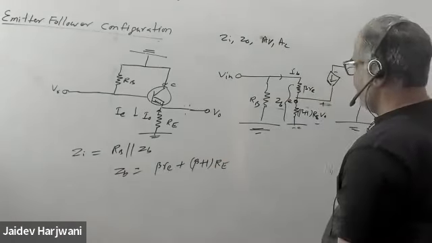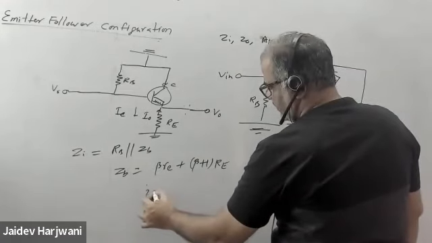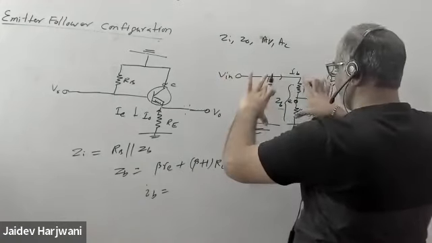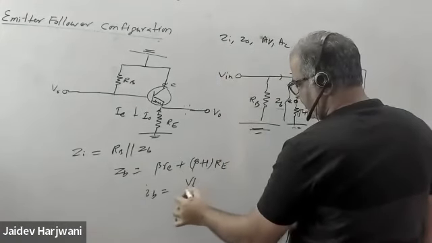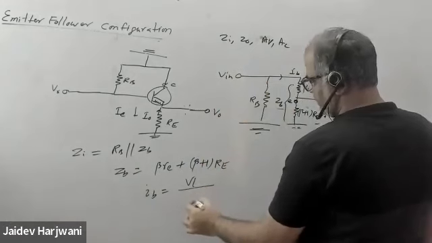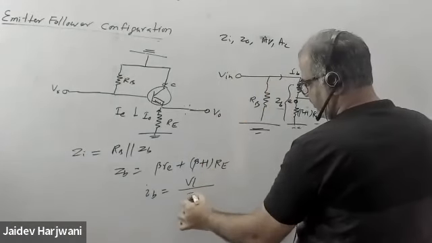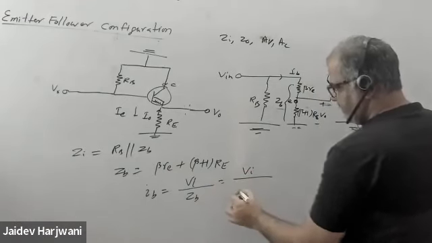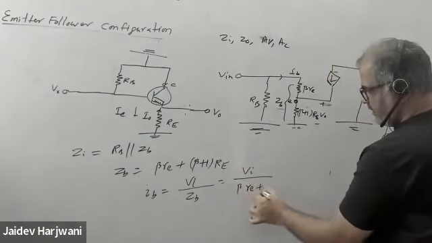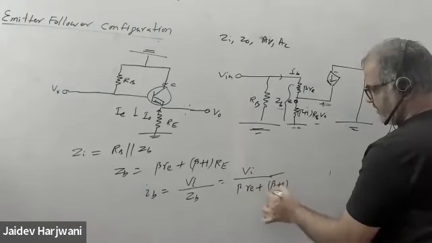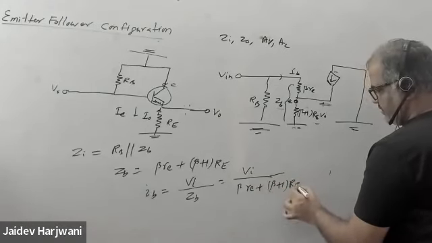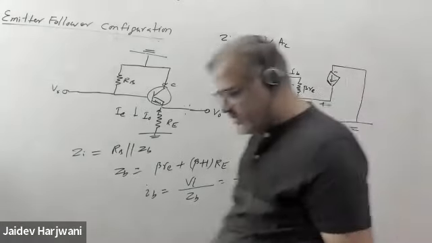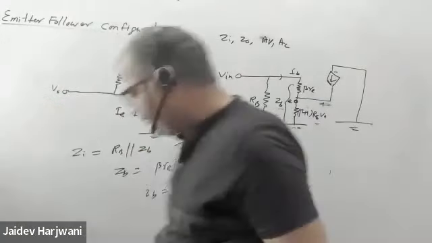And the base current IB will be the voltage, which is V input here, divided by this total resistance Zb. So IB equals V input divided by beta re plus (beta plus 1) RE. Now I want to calculate the IE value. What is the IE value?